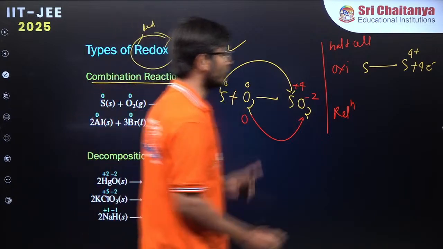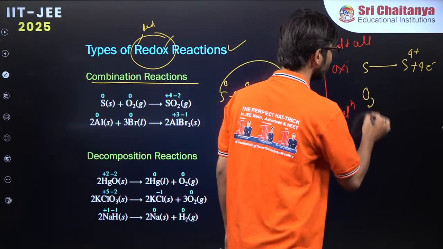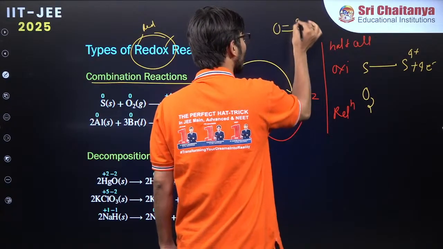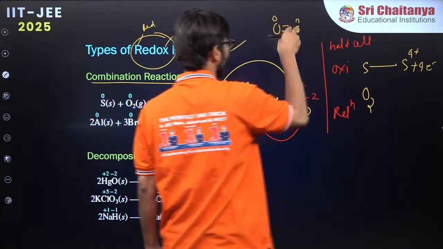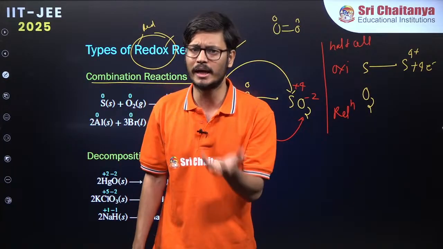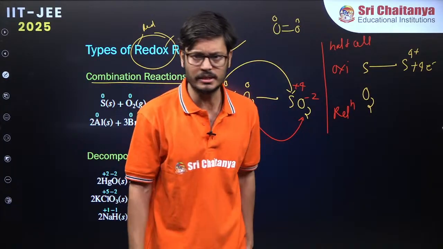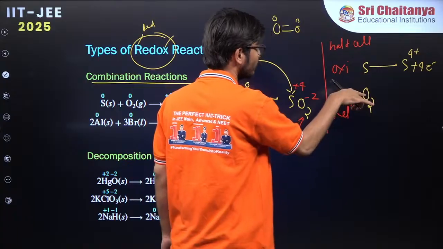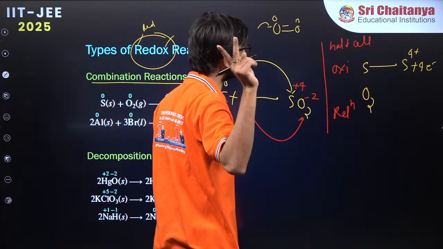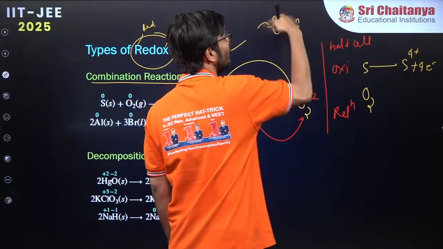In this case, you look at the oxygen. How many oxygens? 2 oxygens, so this is O double bond O. This oxygen oxidation number is 0, because there is no electronegativity difference, and we know that if there is no electronegativity difference, oxidation number will be 0. Reduction: each oxygen will gain 2 electrons, so each oxygen will become minus 2.